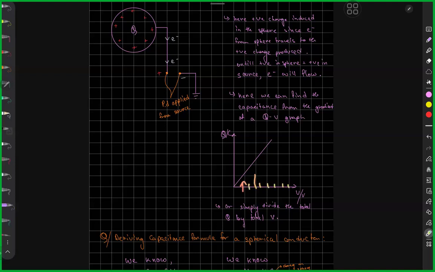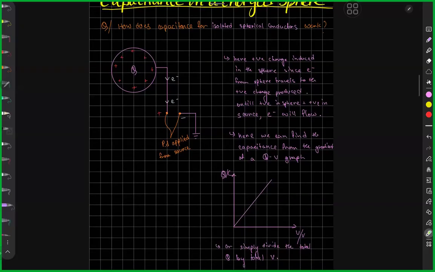Over here you have the voltage axis, over here you have the charge axis, that is the charge accumulation on the conducting sphere. So as I increase the potential difference applied, how does the charge accumulated on the sphere vary? That is what I want to find out.